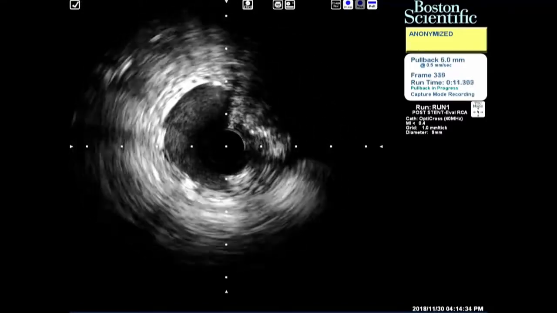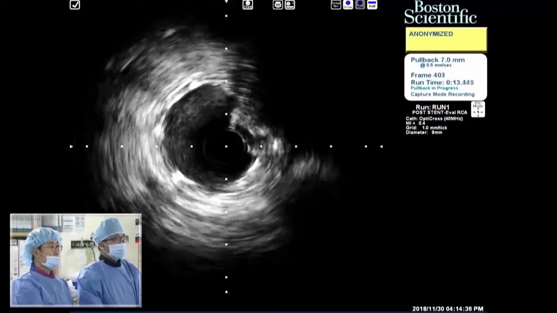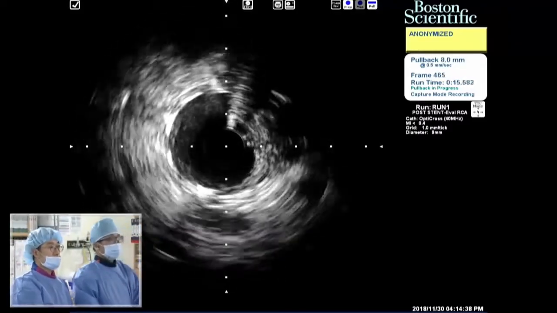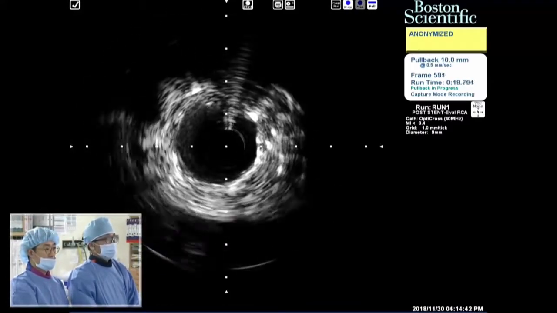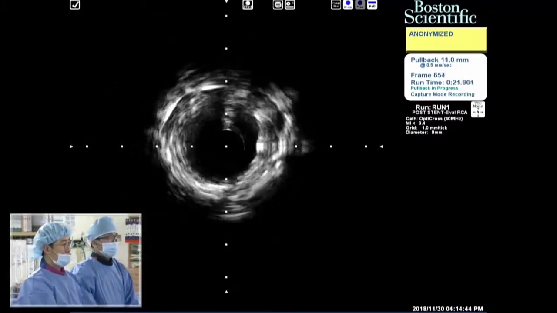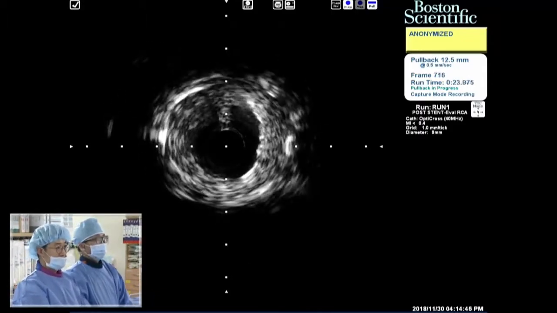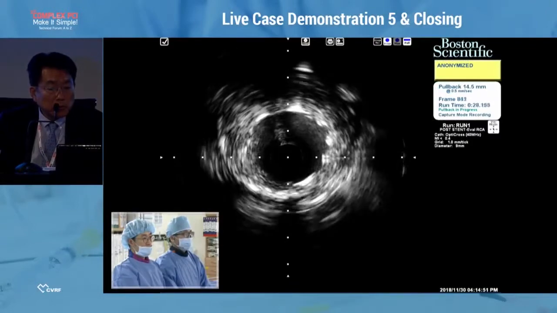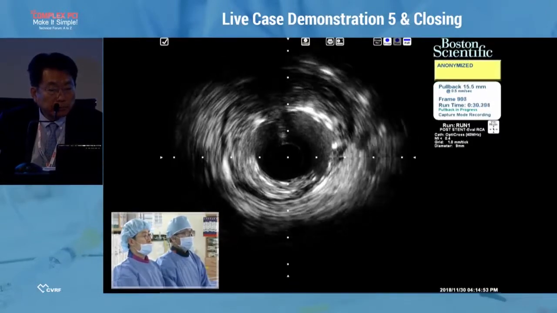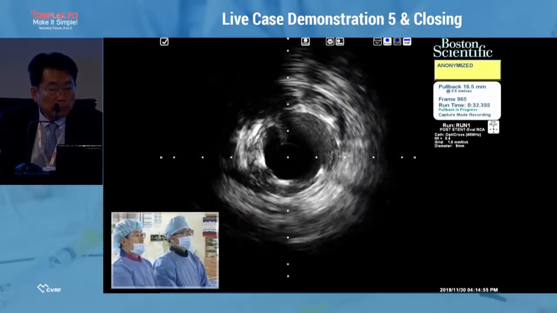Somewhat underexpanded here. Distal stent, what size? 3.0. Okay. Still this part is a little bit underexpanded.